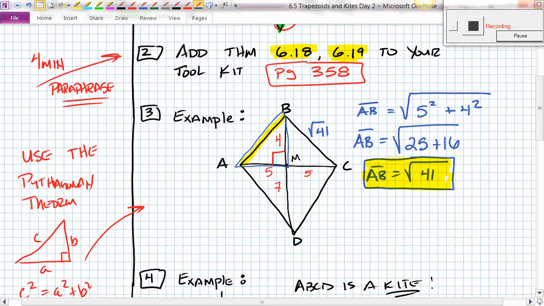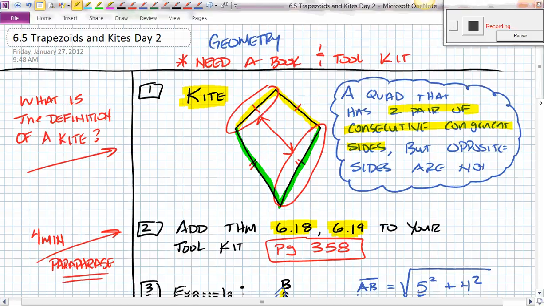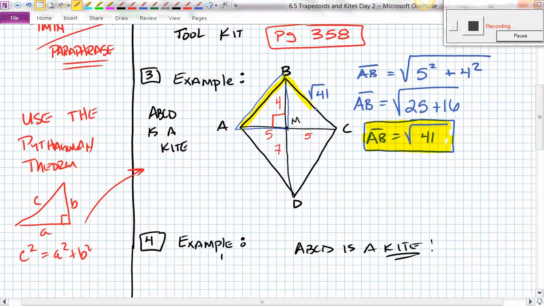The whole figure, ABCD. ABCD is a kite. So what do we know about kites? What does it say up here? Consecutive congruent sides, right? So that means that BC also has to be the square root of 41.